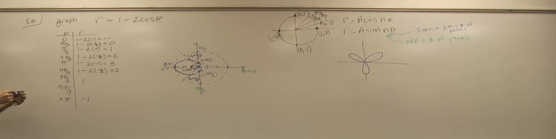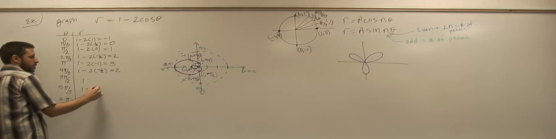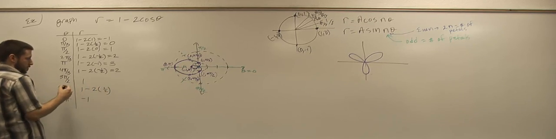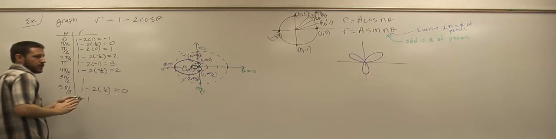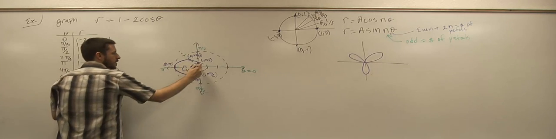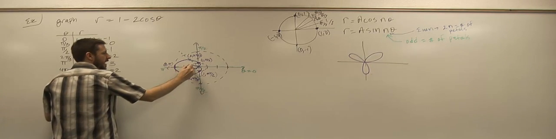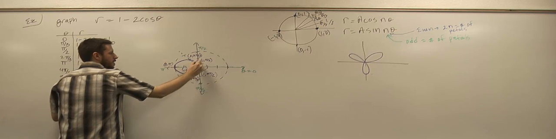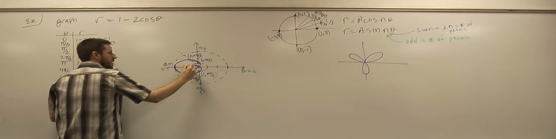What do you think happens at 5 pi over 3? What's cosine of 5 pi over 3? Positive 1/2, which makes 1 minus 1, which is 0. So you're at this point again. So if you trace this out, it starts here, comes up, loops around, goes back to 0, and then ends.